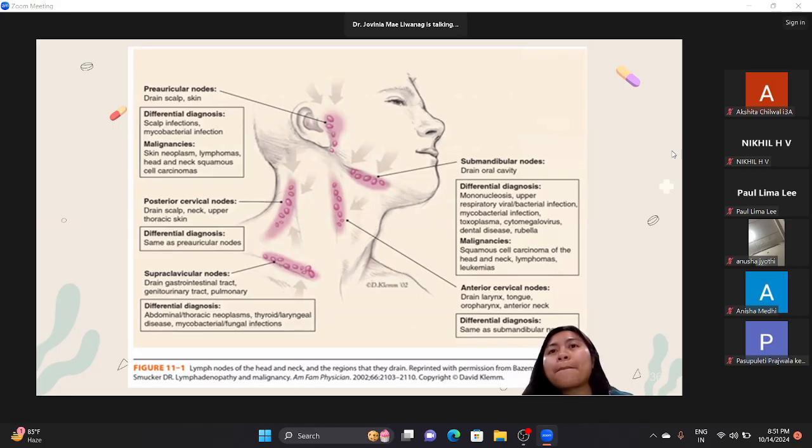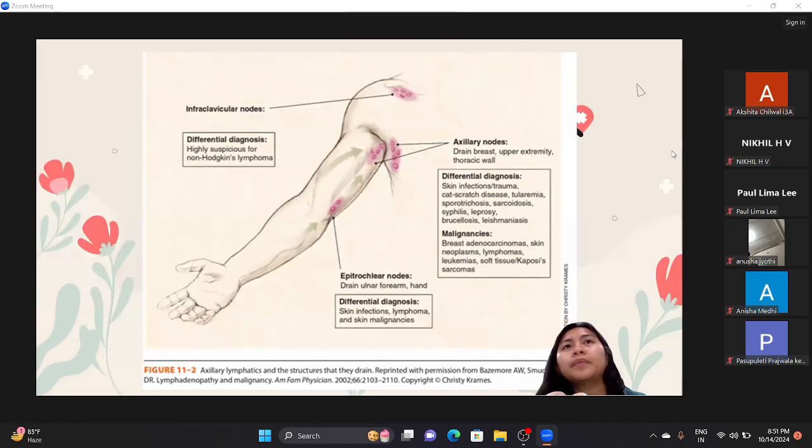And if the lymph nodes you palpate are the anterior cervical nodes, just like here, usually the culprit may be from the larynx, the tongue, or pharynx or the anterior neck. So it's regional. Depending on the lymph nodes that you palpate, you will deduce from there the part of the body that may be the source of the lymphadenopathy.